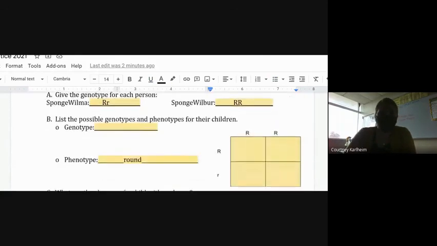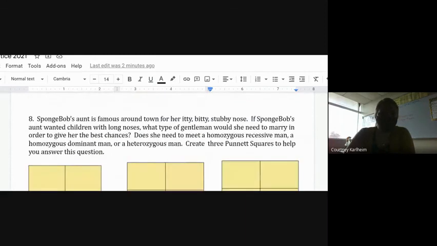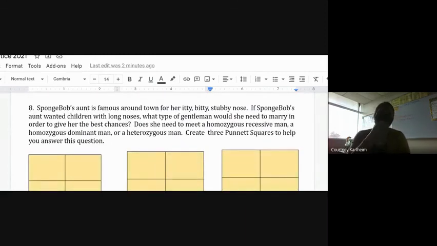So she has 2 small G's. If SpongeBob's aunt wants to have babies with long noses, so the dominant trait, what type of gentleman would she need to marry in order to get the best chances of having the long nose? So does she need to meet a homozygous recessive man, a homozygous dominant man, or a heterozygous man?